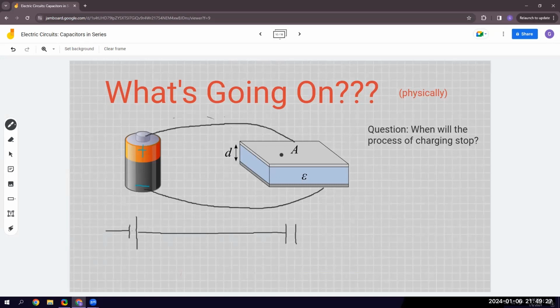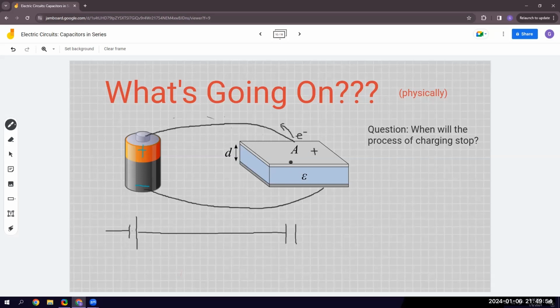So when we attach a capacitor to the battery, the side that is connected to the positive terminal will attract electrons to it. And so as one electron leaves the plate and goes towards the battery, the top plate has now become less negative, or it becomes positive.